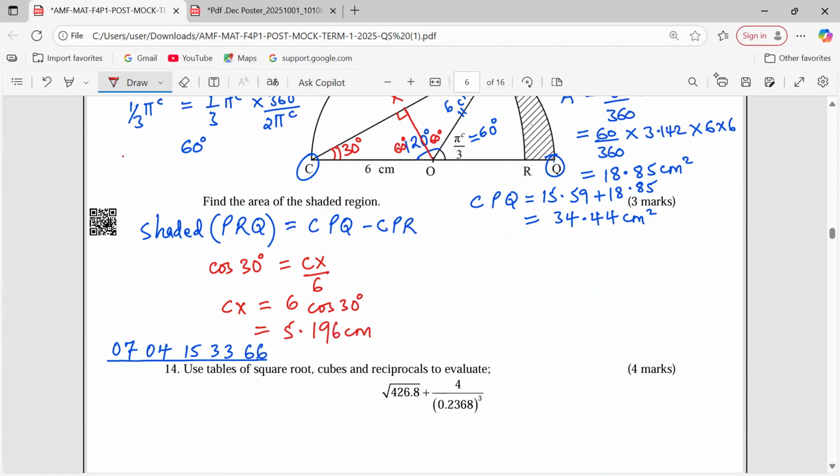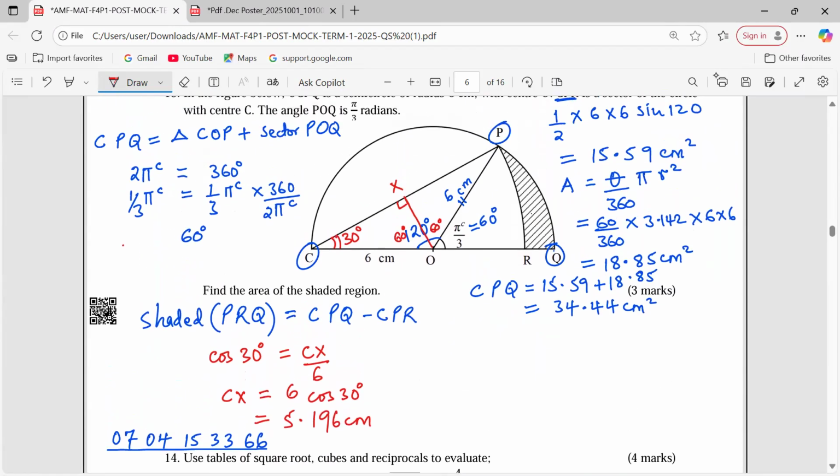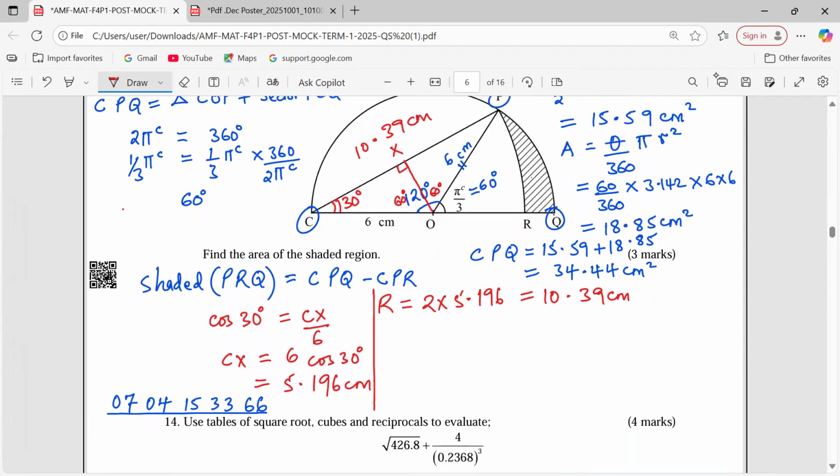With this, we can now get the radius of sector CPR. The radius shall be 2 multiplied by 5.196, which gives 10.39 centimeters. So the whole of this length, CP or CR, is 10.39 centimeters. That is what we shall use as our radius.